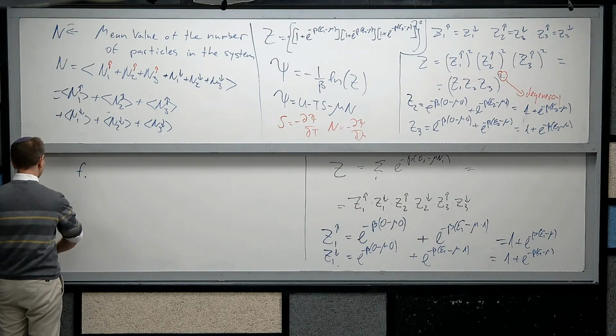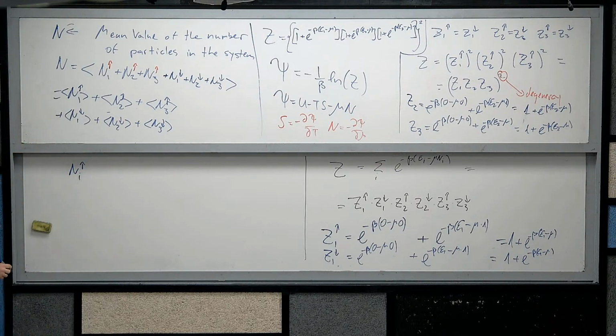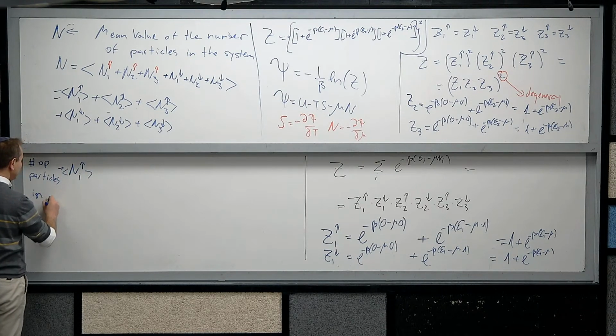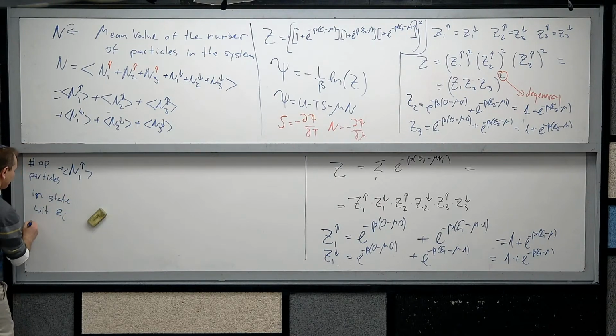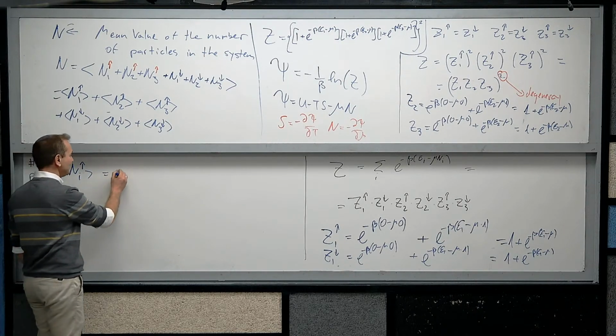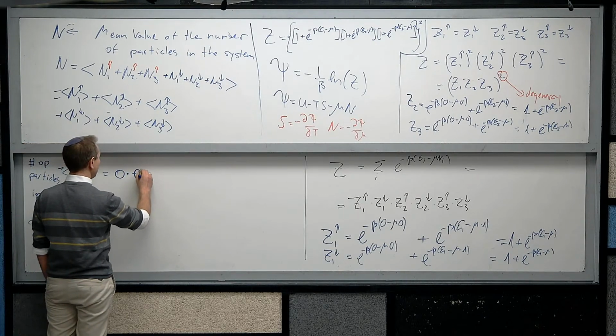So Ni up, this is the number of particles in the state with epsilon i and spin up. So it is either 0 multiplied by the probability of being 0, but I don't care about this probability. So let's write it down.